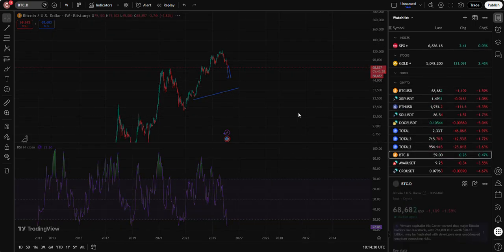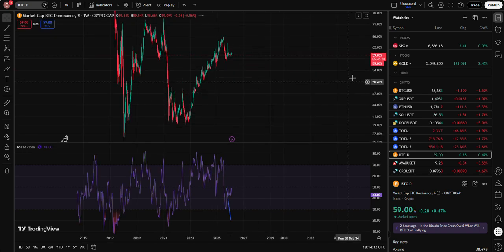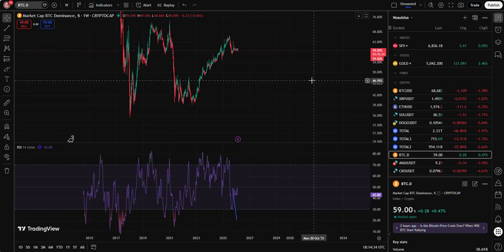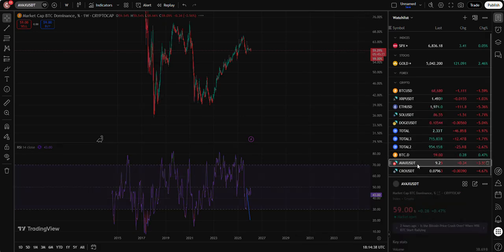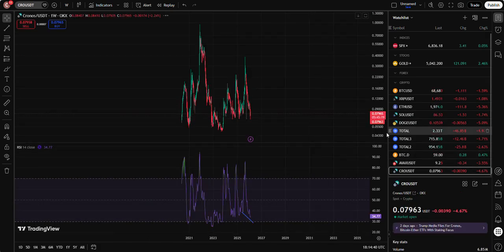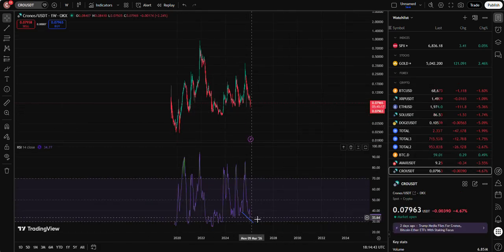We'll see. Bitcoin dominance. Bitcoin dominance doesn't want to fall. So if it doesn't want to fall, and the rest, the price is very low. So we have on the weekly a very low RSI.